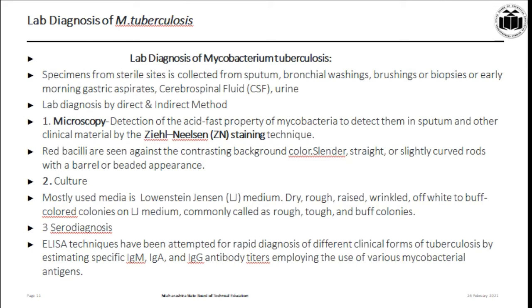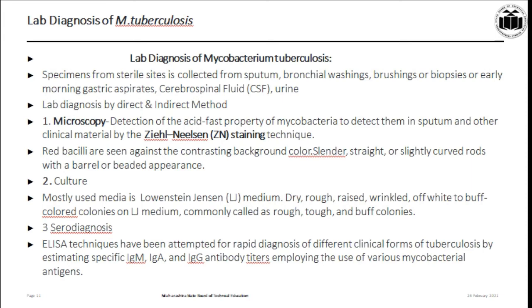For the lab diagnosis, the specimen is isolated from the sputum sample as well as cerebrospinal fluid and brought to the lab for diagnosis.